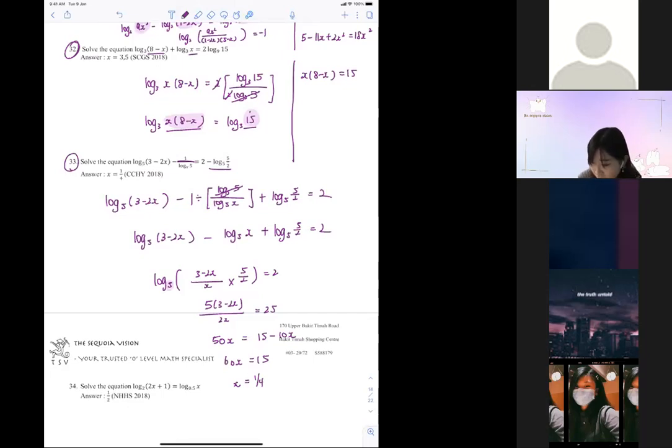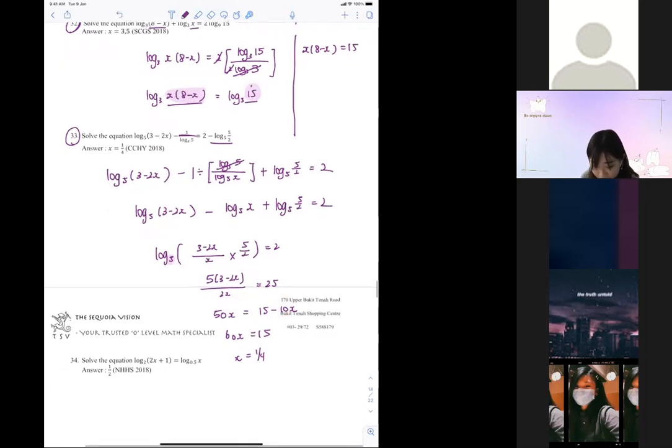Sorry, Brian, can you change here? In this part, minus bring over is plus. You should get 30x equals to 15 over 2. Yeah. Okay.